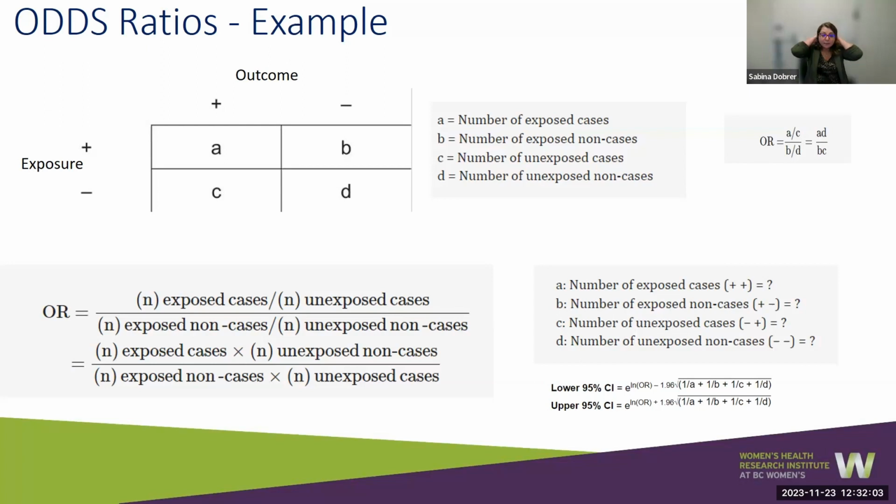In the table, A is the number of exposed cases, B is the number of unexposed cases, C is the number of exposed non-cases, and D is the number of unexposed non-cases.